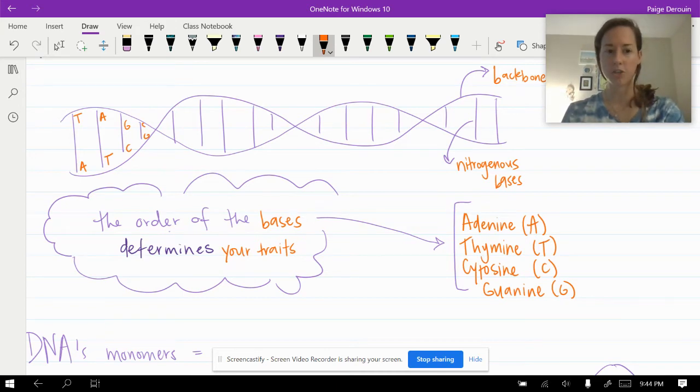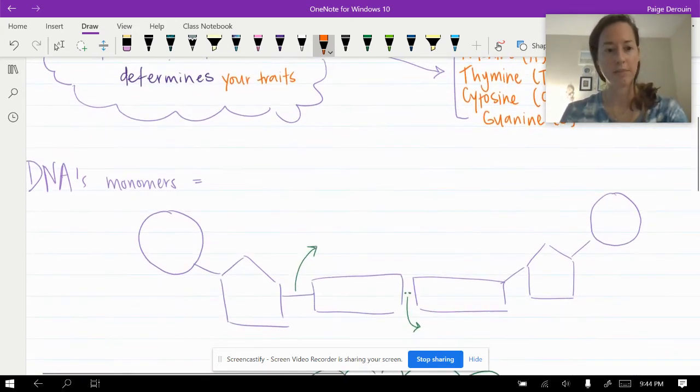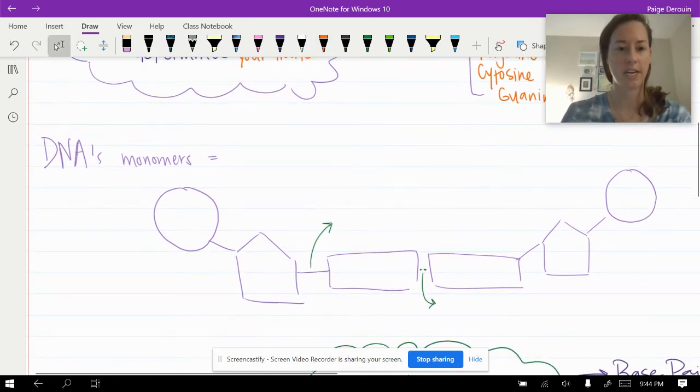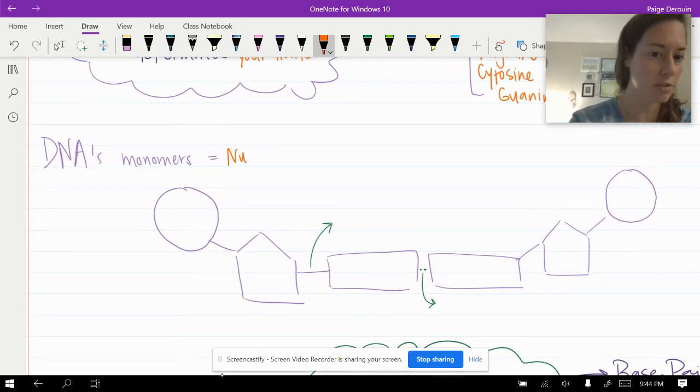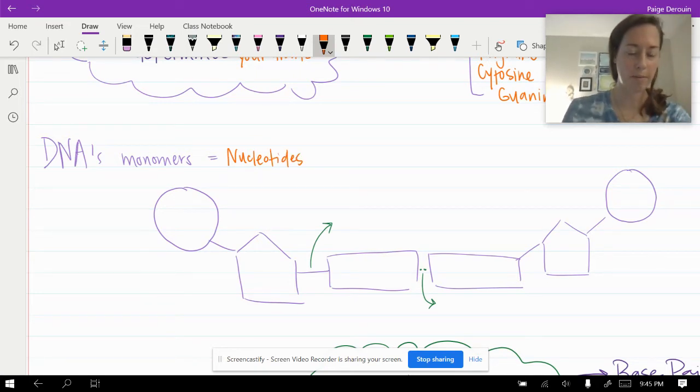Okay, so now let's zoom into this a little more. So if I come down here, the monomers of DNA are called nucleotides, which hopefully you remember from the biomolecules unit. This picture here is actually showing two different nucleotides. They're facing each other. I'll do green.